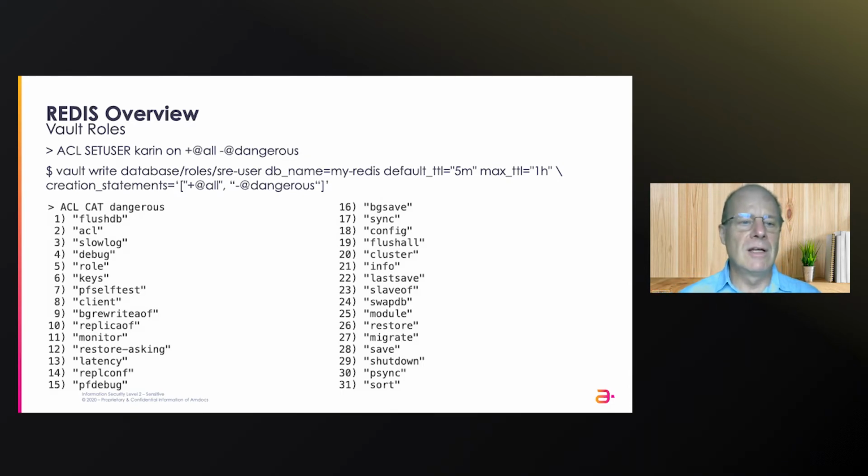The first line here, ACL setuser Karen on, make it active, adds all of the particular ACL roles that are available, but then subtracts the ones that are in the dangerous category. And this can be simply used to write a Vault role to do that.